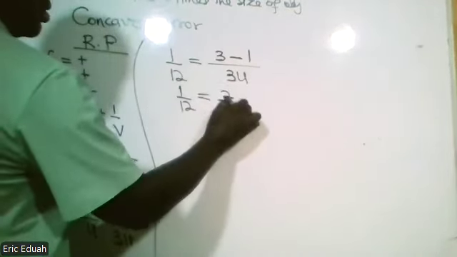This will be 1 minus 3. When we subtract, we have negative 1 on 12 is equal to minus 2 over 3U. The minus will cancel out and we will have the same thing as we had.